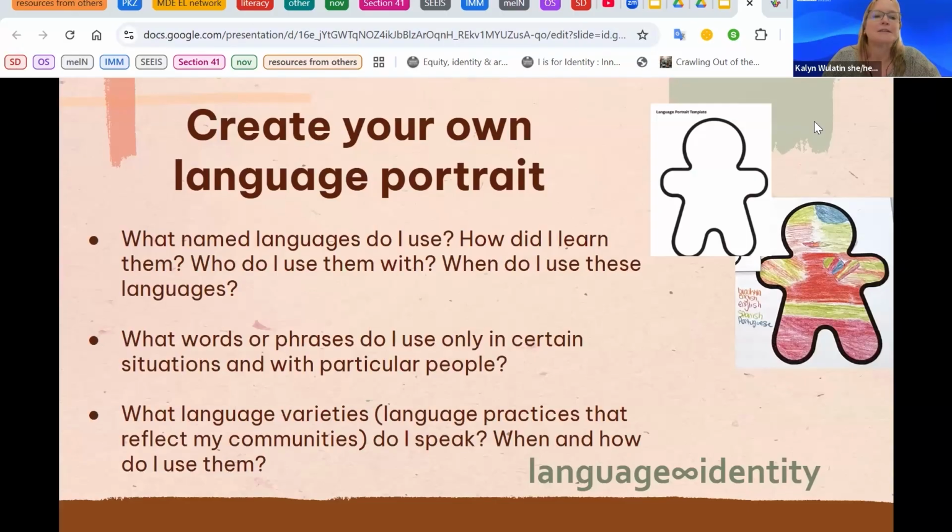Some of the ways to think about this are: what named languages do I use, and who do I use them with? Of course, if you're talking about your multilingual population, there's going to be at least one language other than English. But even if we're monolingual English speakers, we all have words or phrases that we use.